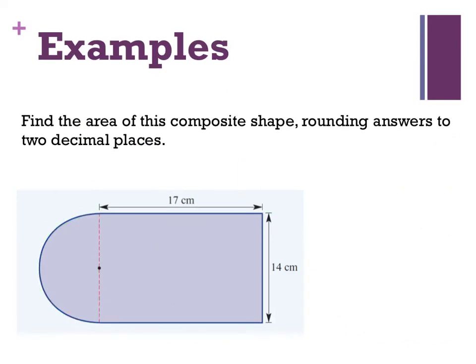When we find the area of this shape, it's going to be a little bit different. The area of shape 1 is worked out from my formula from last time, length times breadth.